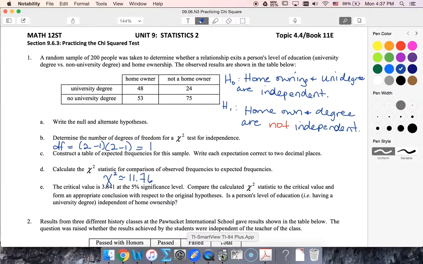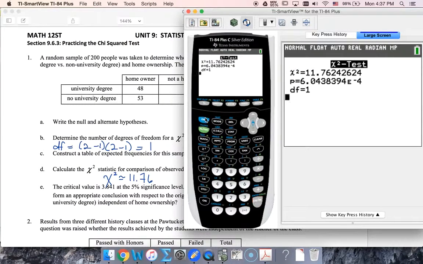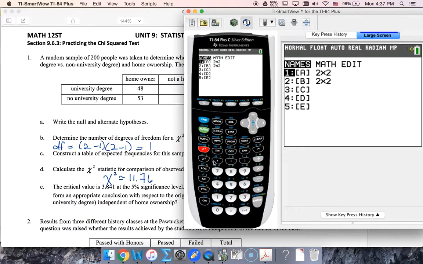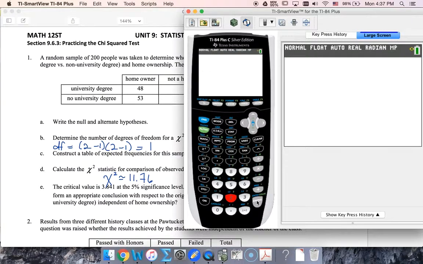And my expected values, I'm going to come back into matrix and look at matrix B. So I can look at it by doing it this way. Here's my expected values.